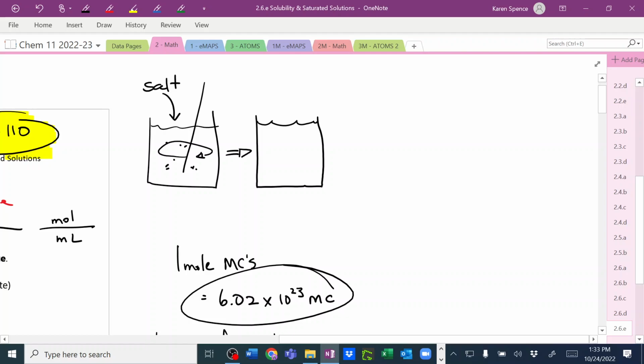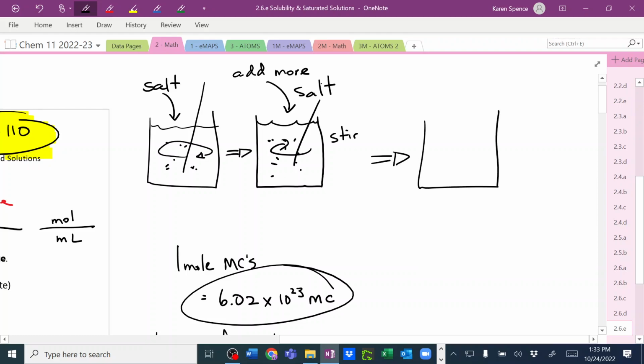Add more. Okay? Stir. Uh-oh. It's still clear. What should I do? Maybe add more salt. And stir.